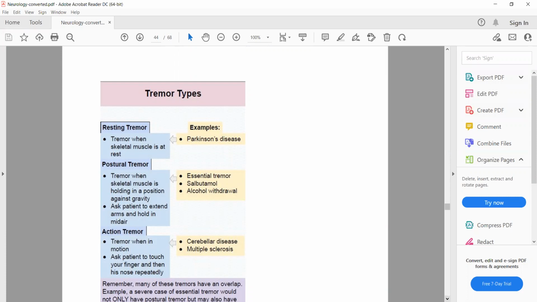The third type of tremor is action tremor. Action tremor or intentional tremor, they are present in cerebellar disease and multiple sclerosis.